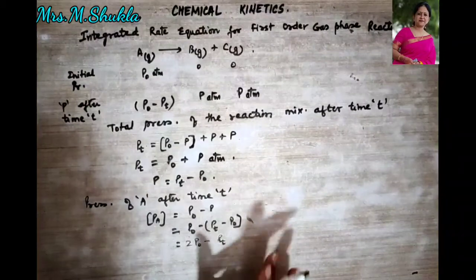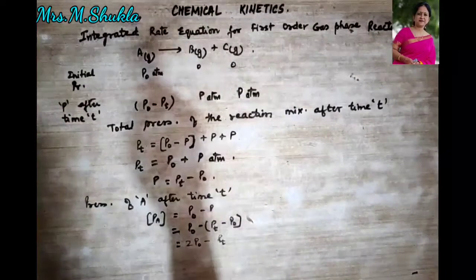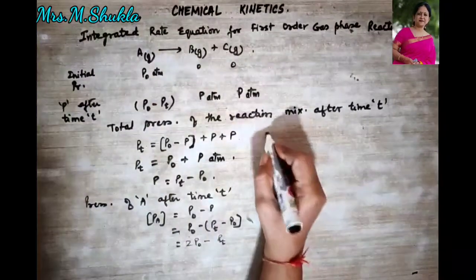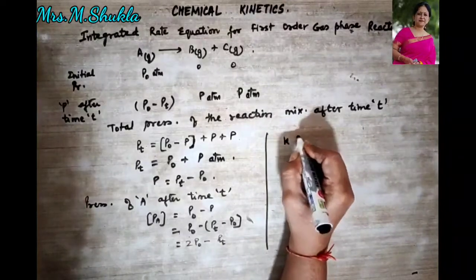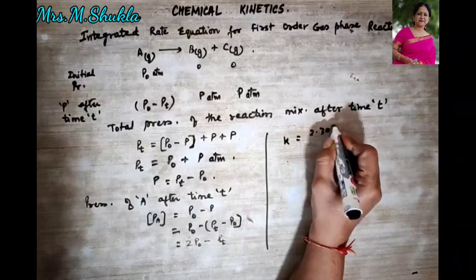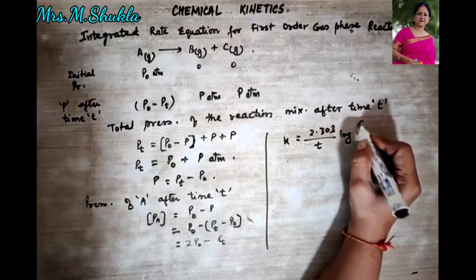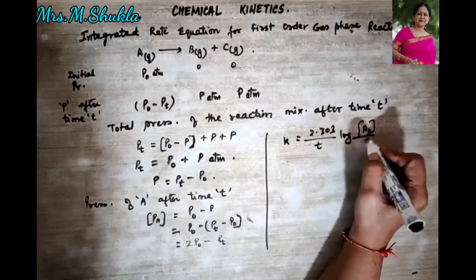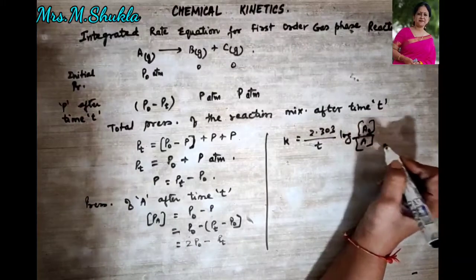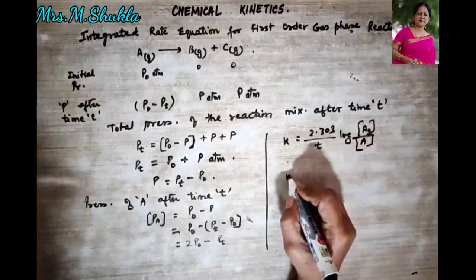Now if we substitute these values in the first order reaction, do you remember the first order expression where K is equal to 2.303 upon T log A naught upon A? So what do we get over here?